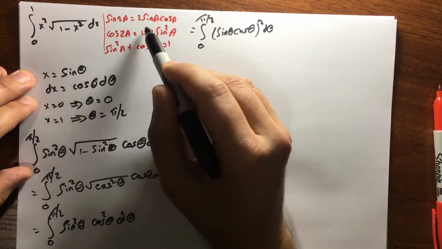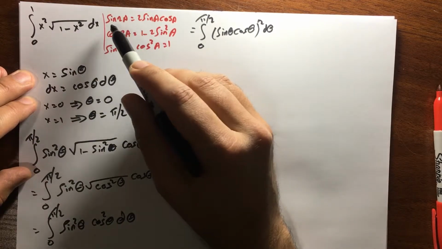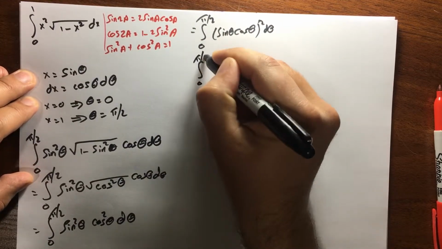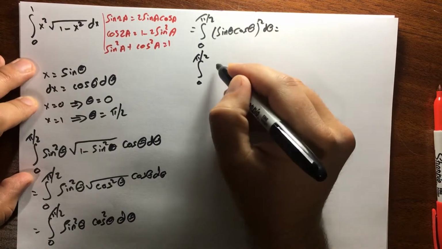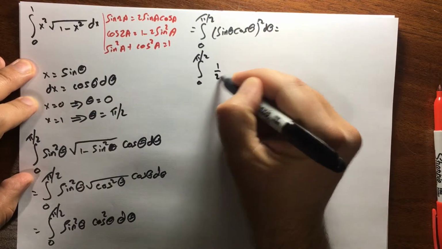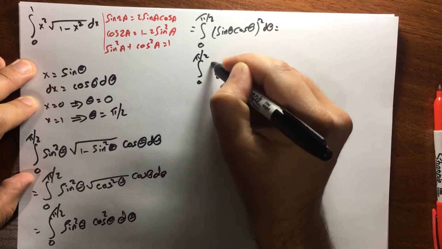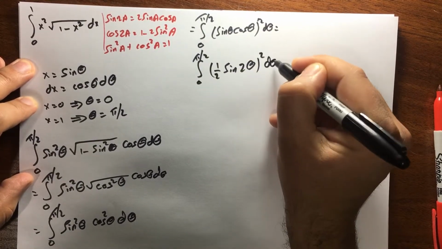So we have sine a cosine a equals 1 half sine 2a. So here we have, from 0 to pi over 2, 1 half sine 2 theta, all squared, d theta.